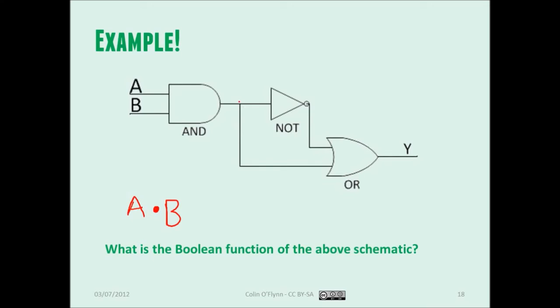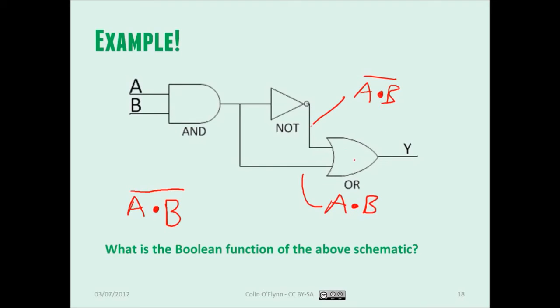And this output gets split two ways. So one way is going to be ORed, and one way is NOTed. So we'll NOT that. So this point here is A and B inversed. And this point here is just A and B without the inverse.